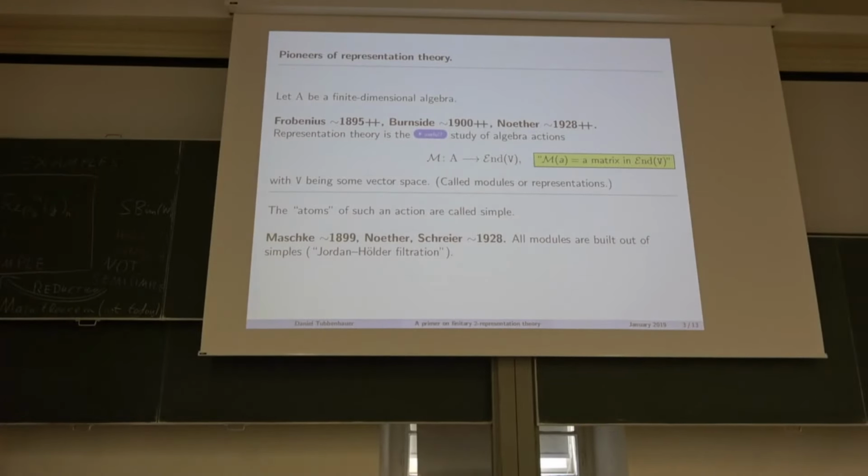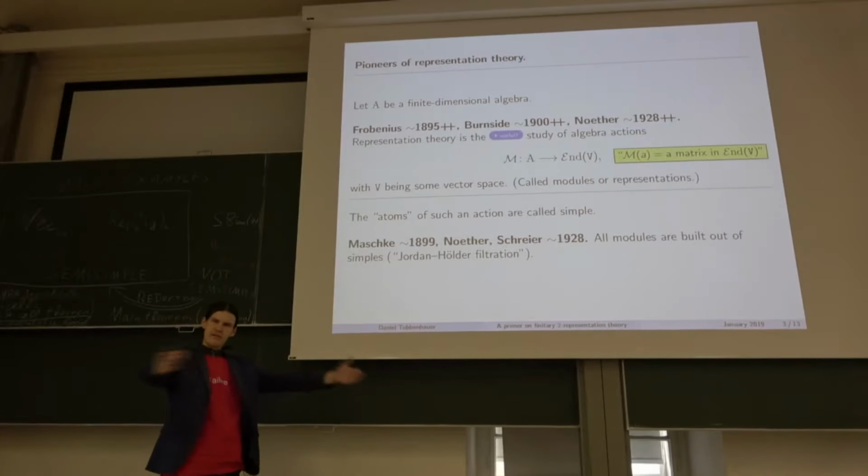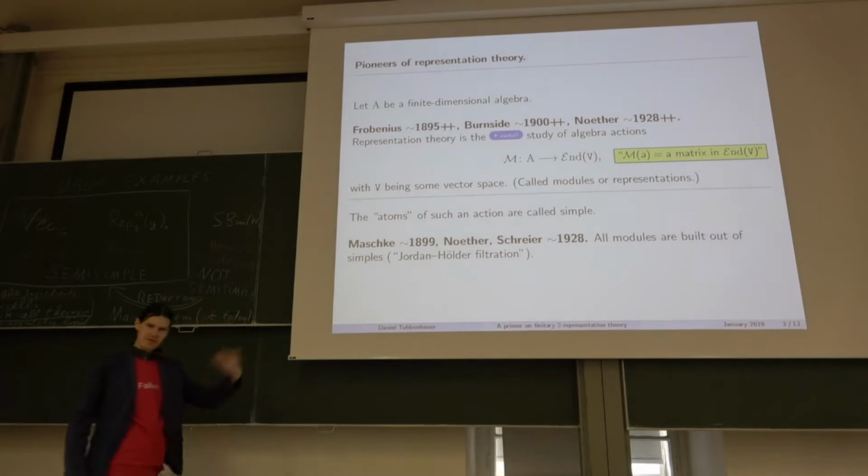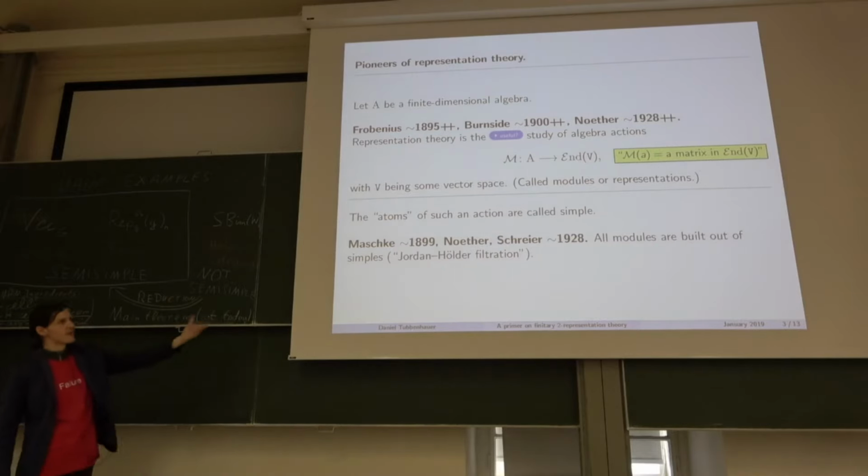You associate to each algebra element a matrix, right? And what you usually do in this setup is you have some notion of atoms. We will see this on the categorified level as well. Let's say for me the atoms are the simples. I like simples. And the nice fact about simples is that everything has a Jordan-Hölder filtration, so everything is filtered by simples. So in some sense, those are the atoms of your theory, and you should study those atoms.